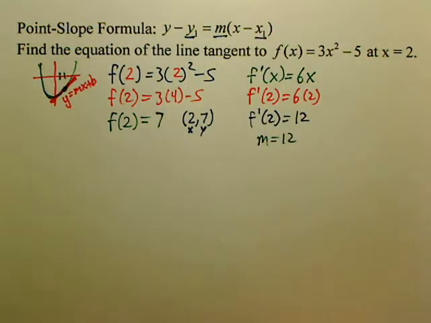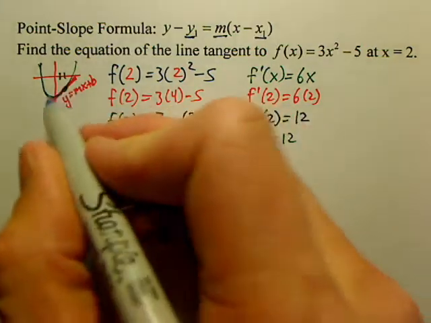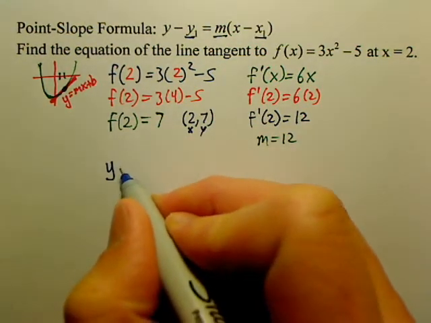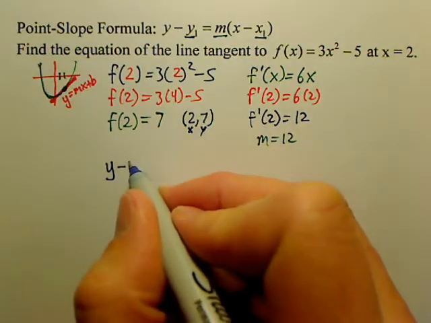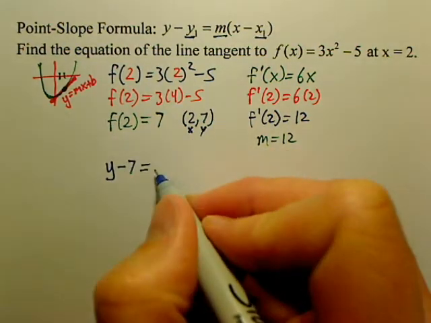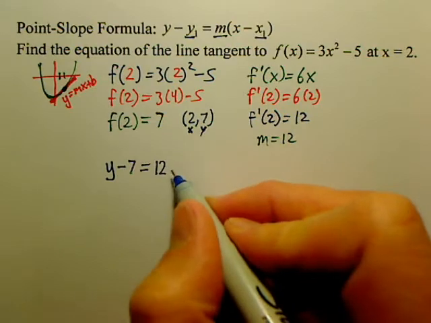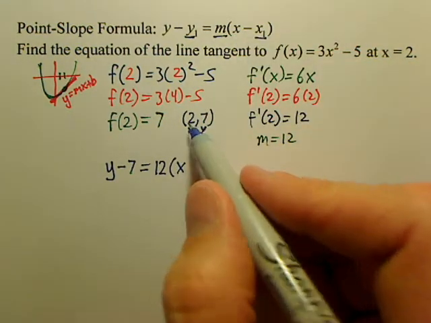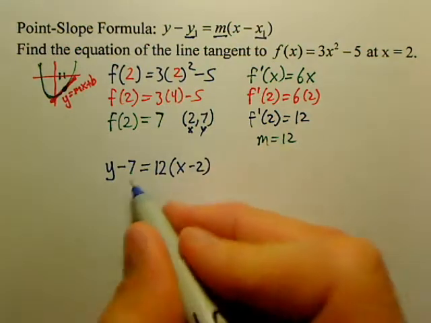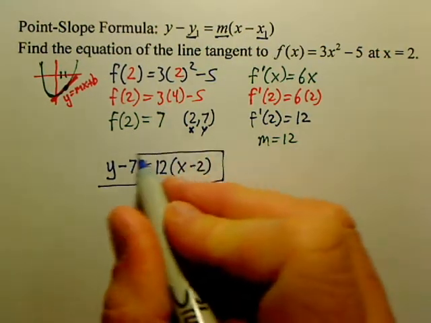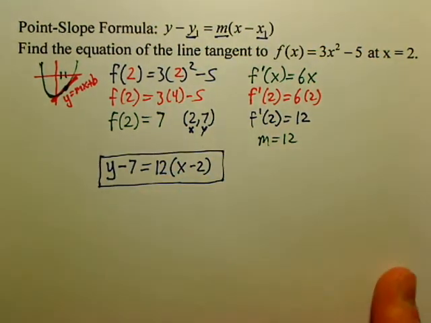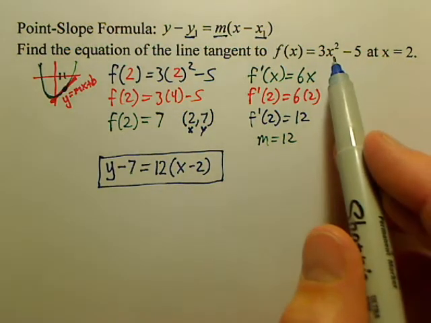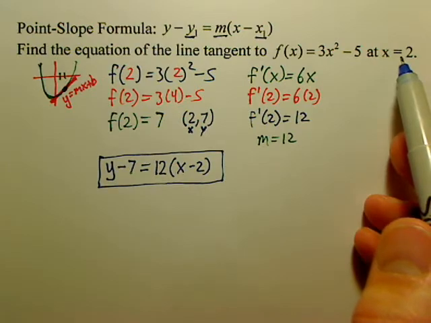Could I plug it into this and have an equation of a tangent line? I now have y minus y, which is 7, equals m, which is 12, times x minus x, which is 2. And that is the equation of a tangent line for this function through this point.